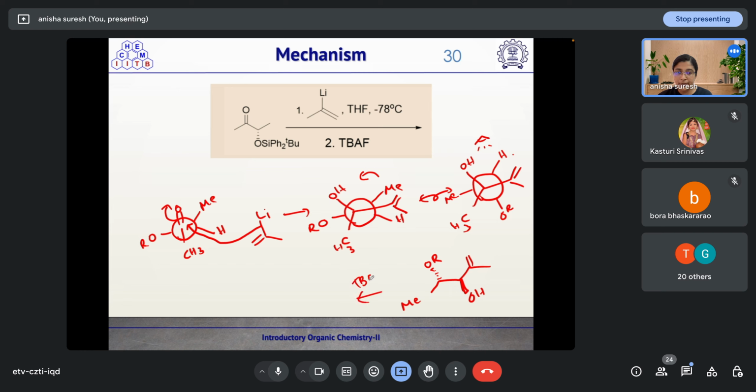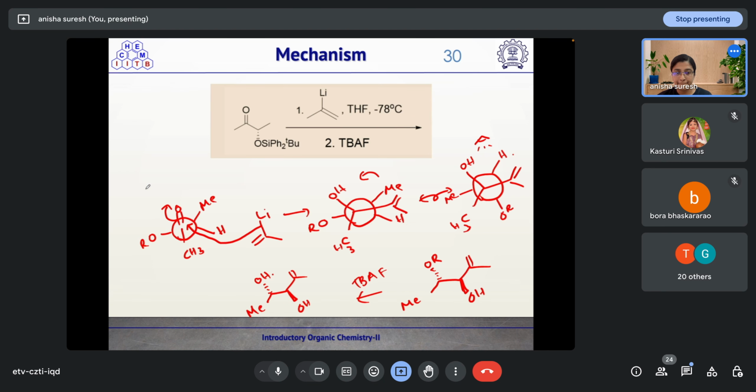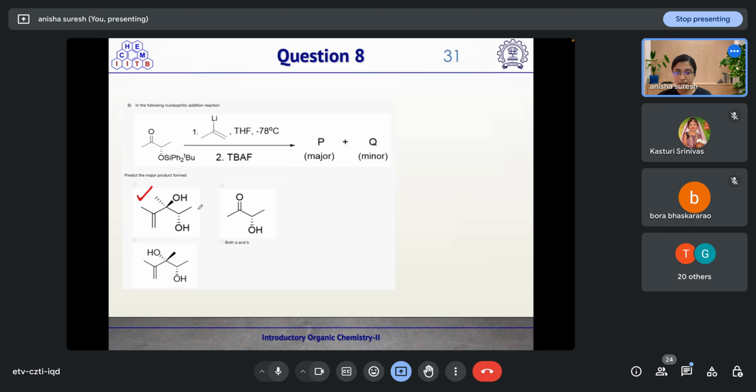When we treat with TBAF, this OTBDPS, OR is OTBDPS, it will get deprotected and we will get OH, OH. Fine. So this will be the right answer. This we are just rotating and writing here. Fine.